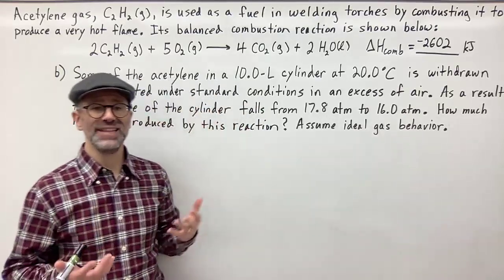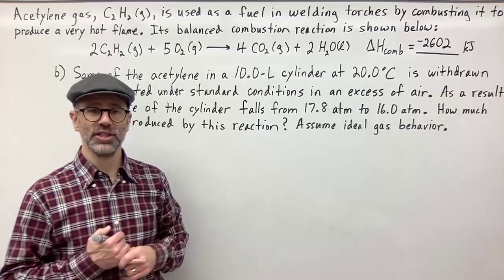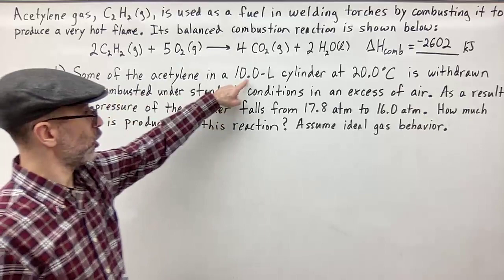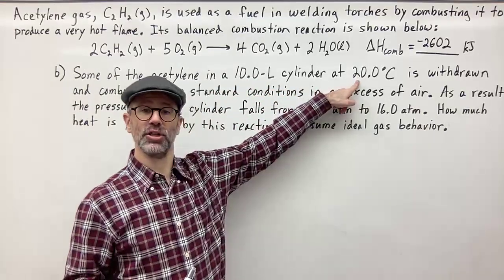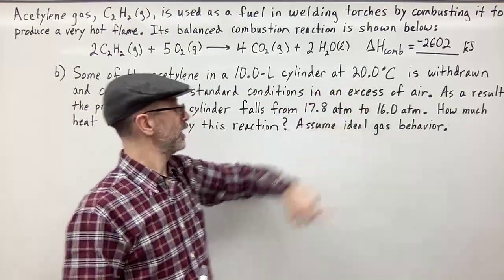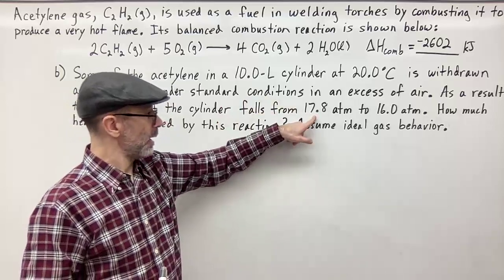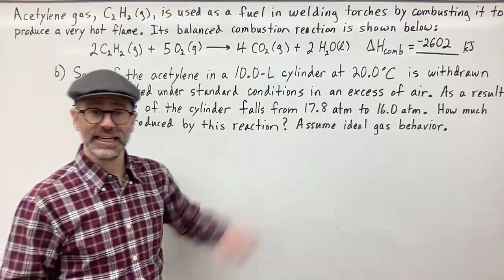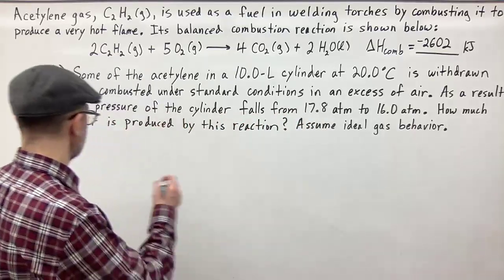So you could use the ideal gas law in a two-step problem. You can take the volume, take the temperature, make sure you convert the temperature to Kelvin, and then take the initial atmospheres and plug all of that in. You're going to solve with the ideal gas law.